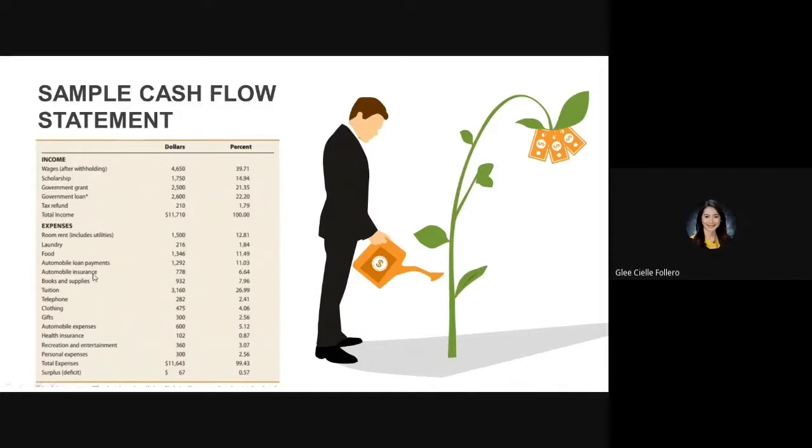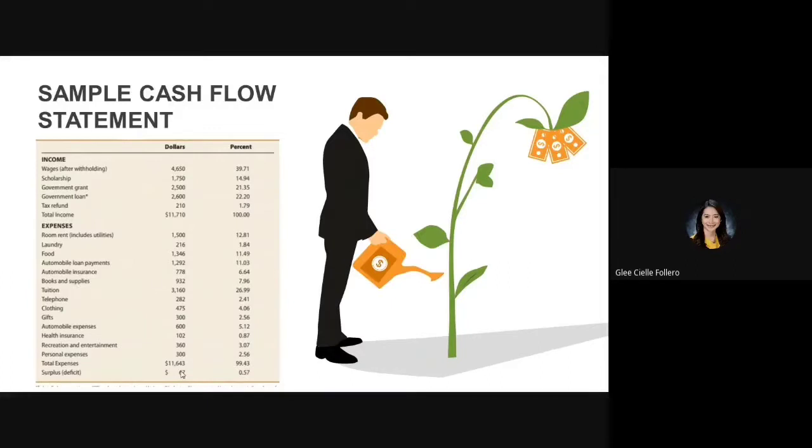Pinaghalo na dito yung fixed and variable expenses. And then the total expenses is 11,643. So the total income exceeds the total expenses. That's why surplus pa din. Meron pa ding net gain na $67.